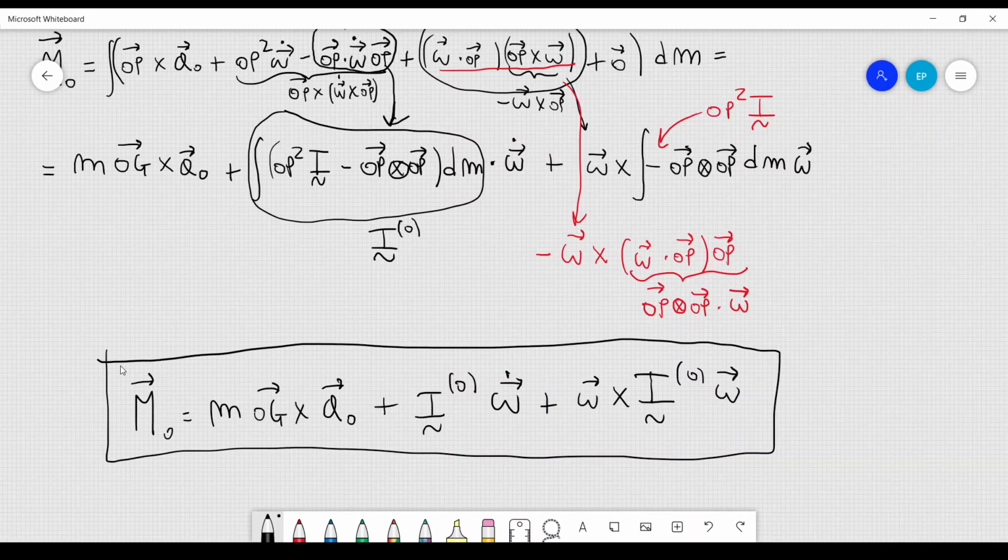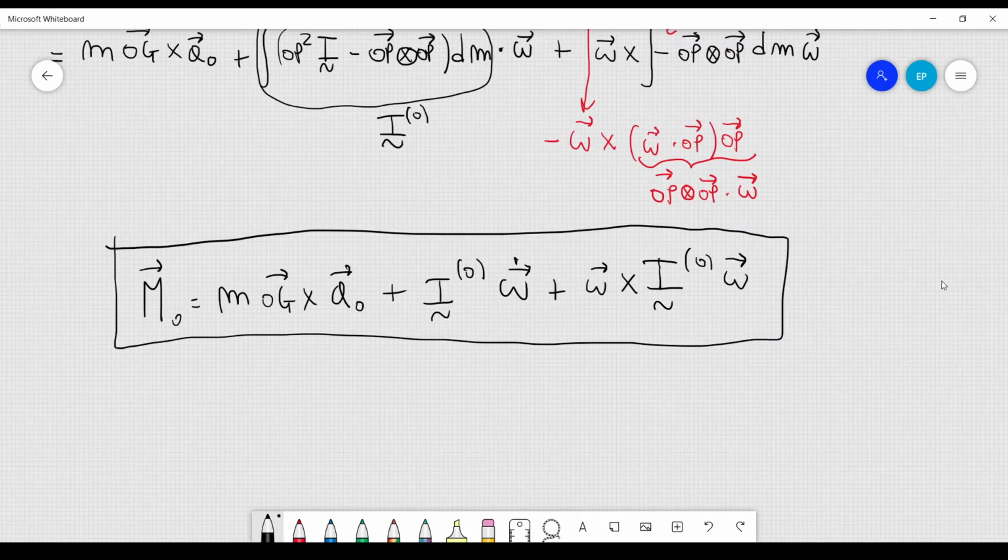Now, just take a look at this. If you choose G as the point with respect to which you calculate the moments, then this vector here will be GG, and that will be equal to 0. So this will become the 0 vector in that case.